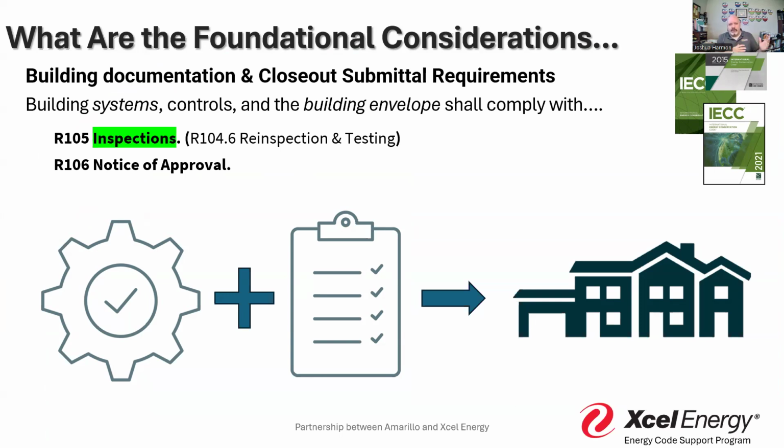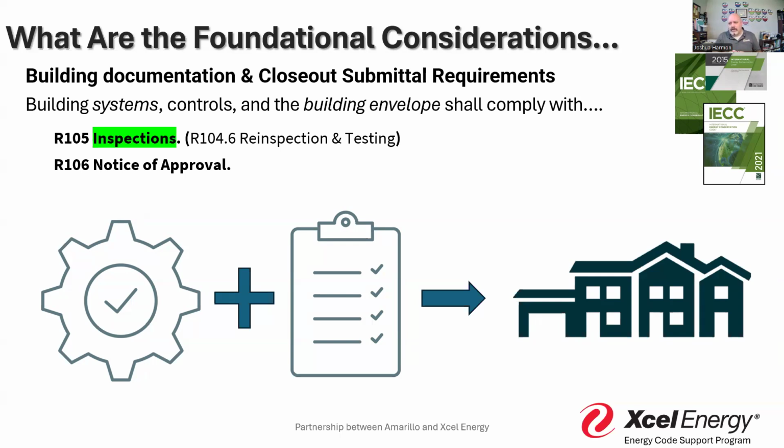Whether we're looking at section 105 for inspections, or in the older 2015 version, section R104.6, we see identified this concept that there are going to be periodic inspections associated with construction. That's what we use as a baseline to say, here's how we demonstrate compliance. How are we building this the right way?